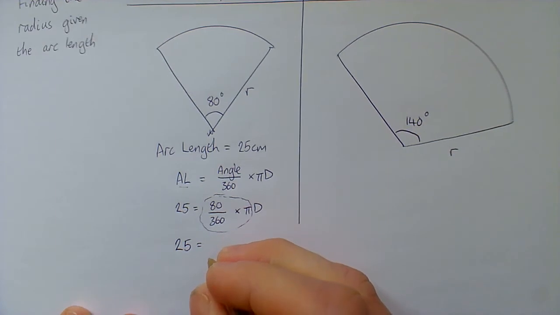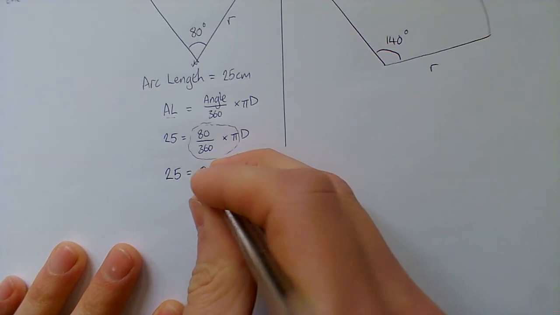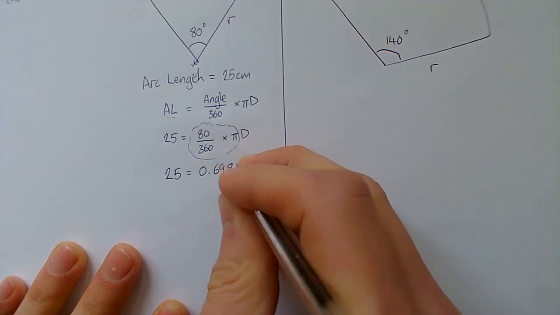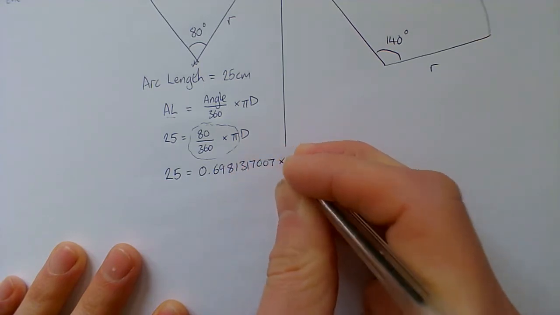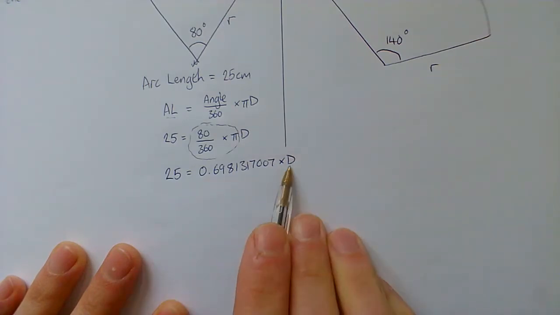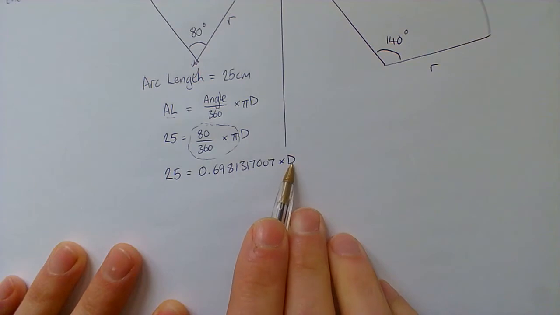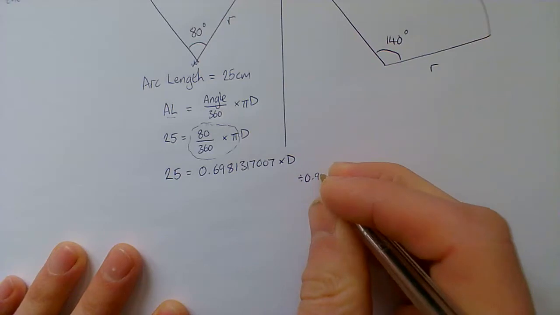Now we need to keep a lot of accuracy at this point, otherwise things are going to go wrong. So let's keep as much accuracy there as we possibly can. Now, that's just a big number times d. If we want to solve that equation and work out what d is, we just divide both sides by our big number.